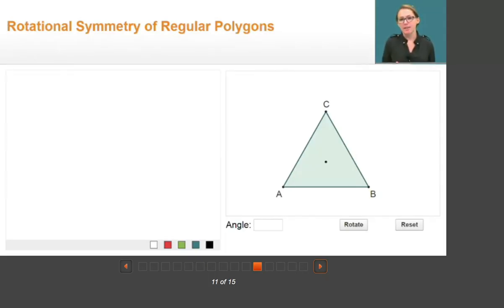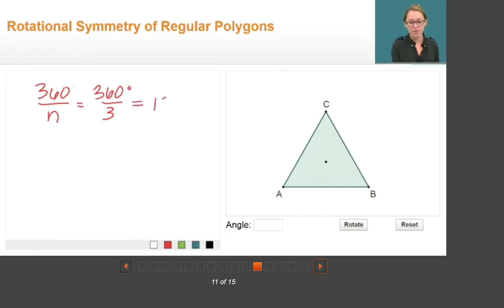How do we verify this? Well, to find the smallest angle of rotational symmetry, we divide 360 degrees by the number of equal sides, so 3 in this case. And 360 degrees divided by 3 equals 120 degrees.